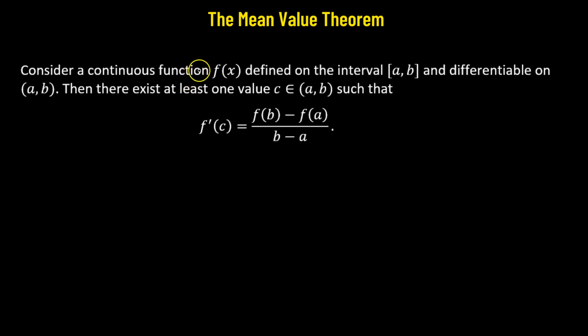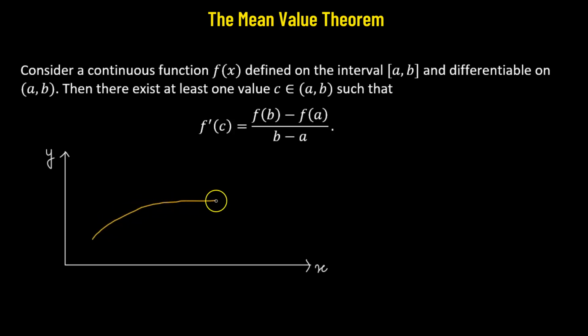We can understand this with the help of an illustration. So let's say we have a very smooth curve which is defined on the interval a and b. So the value of this function at x equals a corresponds to f of a, and the value of the function at x equals b will be f of b.